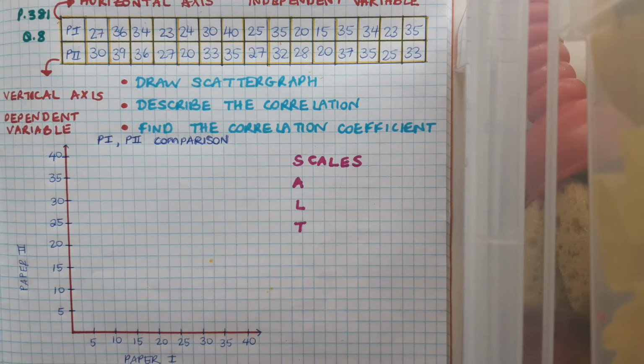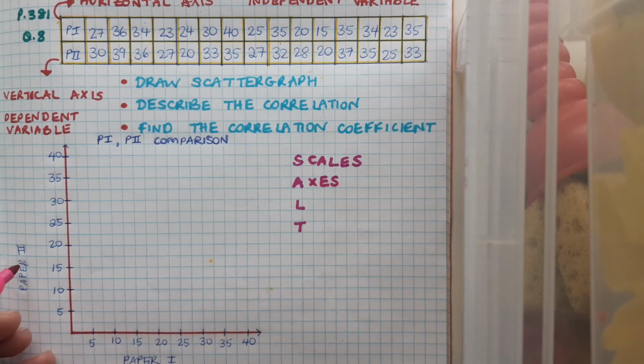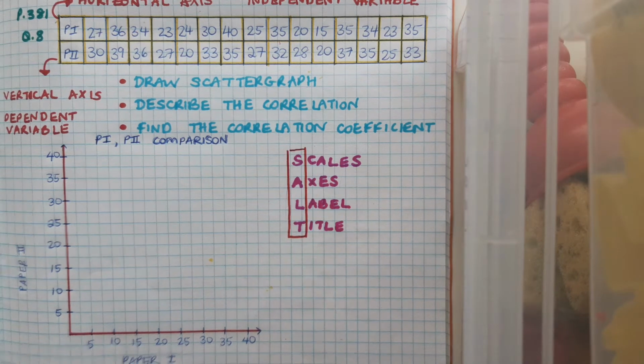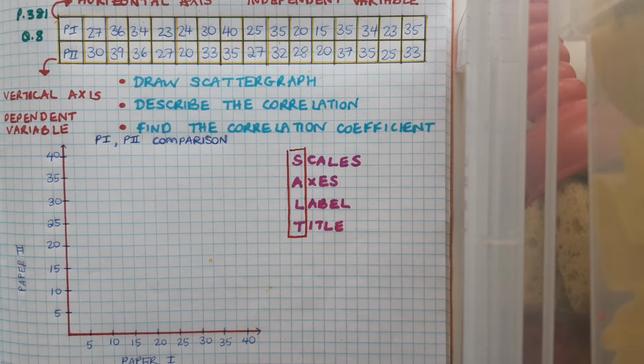A stands for axes. L stands for label, so we're labeling this axis and this axis. And T stands for title. That's a nice little checklist to run through at the end of any diagram, just to be sure that you have all of those things in to get full marks.